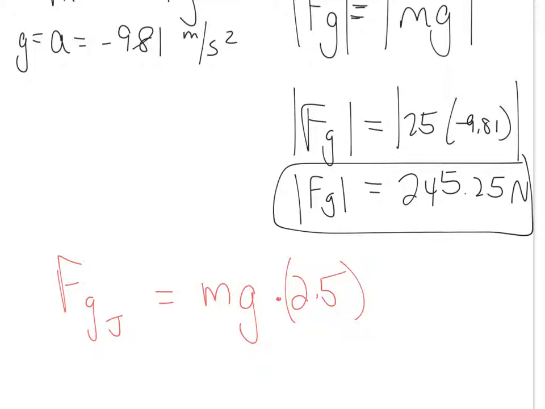That will give me, what do we get from that? 2.5 times 9.81 times 25. What does that give me? Where do you get 2.5? Look at the problem. What did it say? I think I wrote 2.64, but it was corrected to 2.5 there.